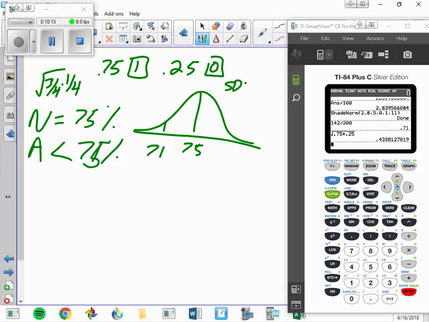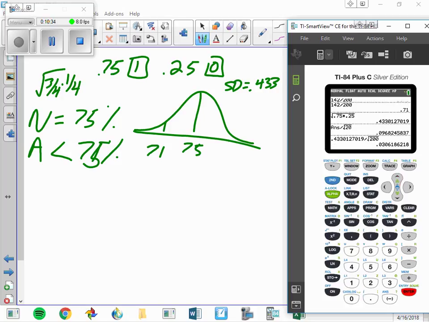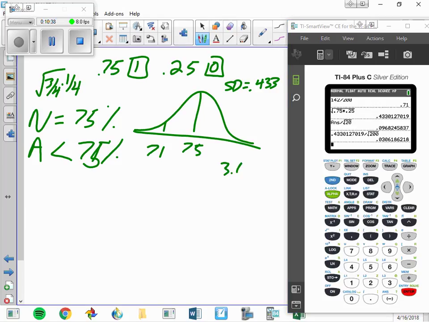So SD is 0.433. I'm going to divide that by the square root of 200. And I get an SEP of 3.06%.